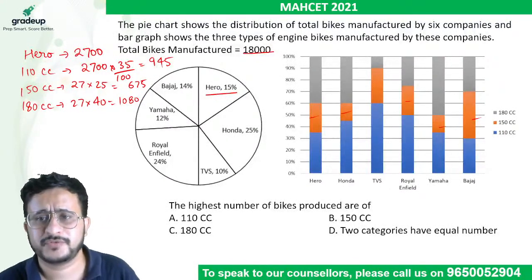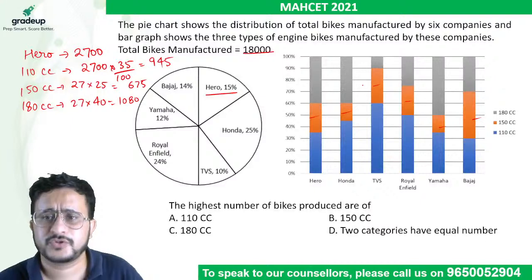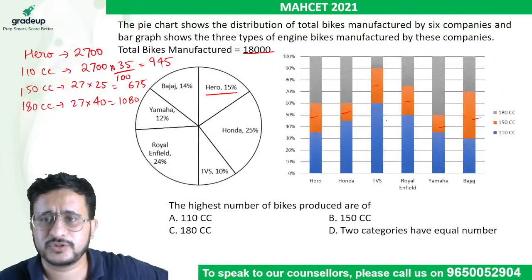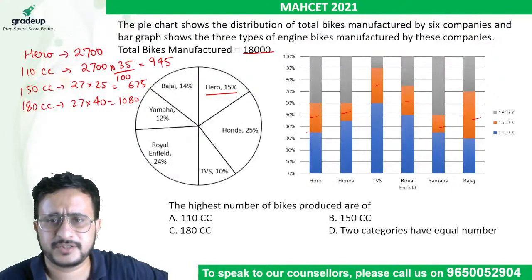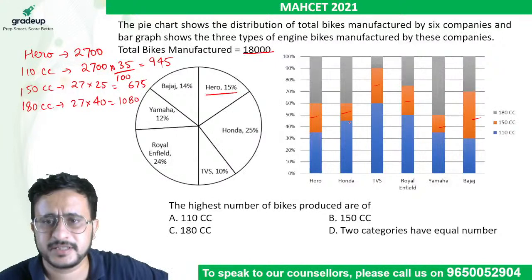Among the other two, in many cases 110 cc bikes are the most prevalent. For 3 of the categories, 110 cc is the highest; in this one it is very low.